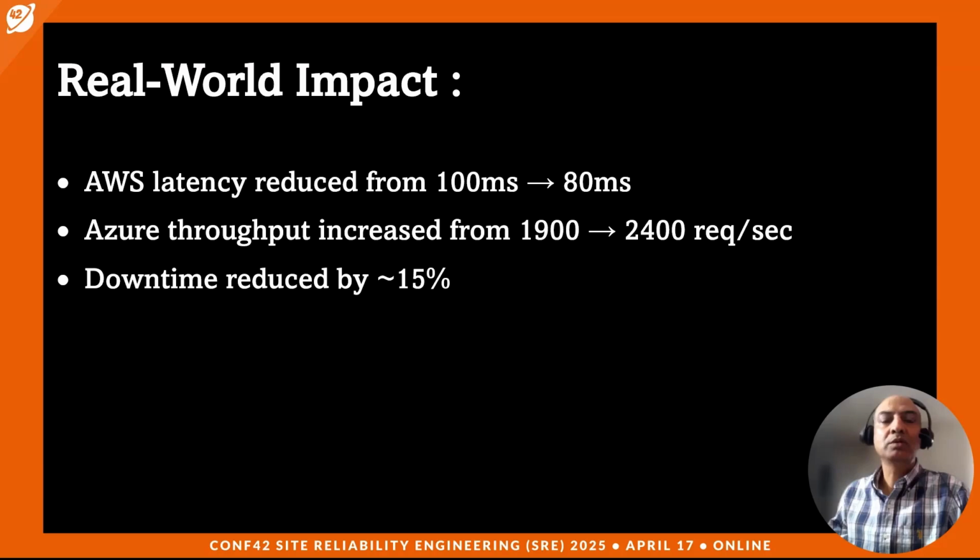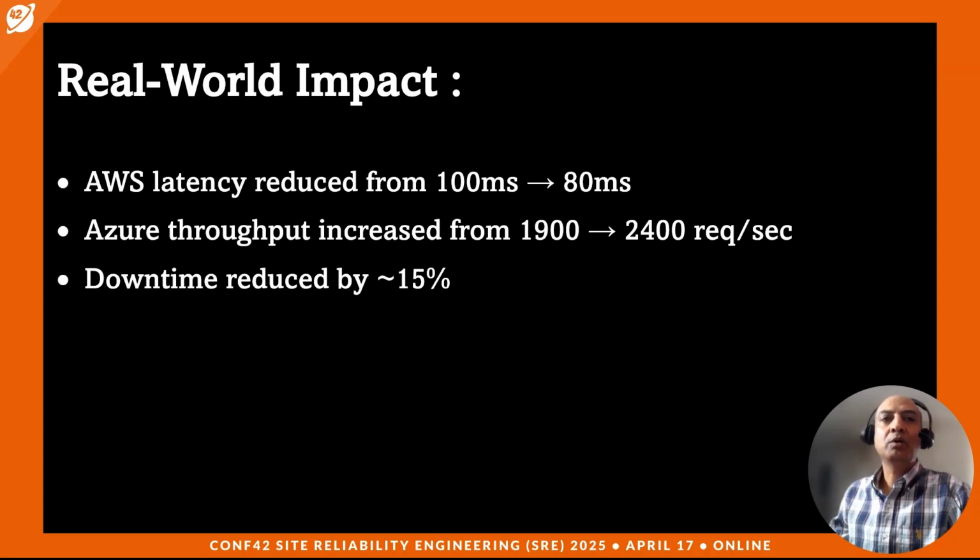These monitoring tools had impact across different cloud platforms. After integrating tools like Datadog and New Relic, measurable improvements were observed on AWS. Latency dropped from 100 ms to 80 ms. On Azure, throughput increased from 1900 to 2400 requests per second.